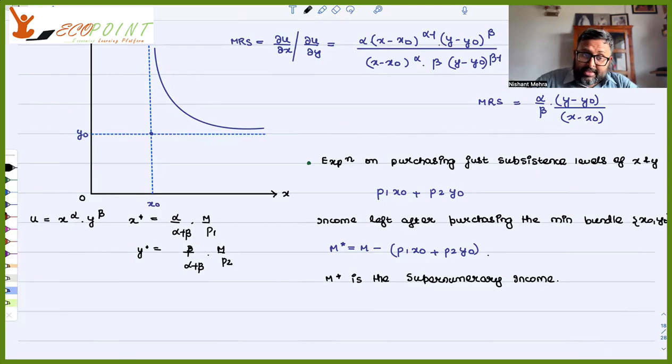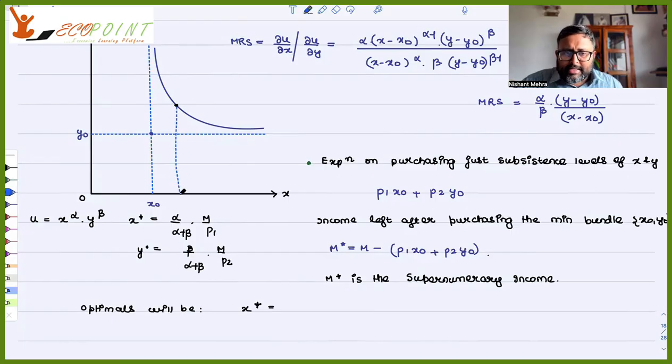Now, in the case of Stone Geary utility functions, the optimals will be what? X star would be, see, if I say that I consume this much, I consume here, then this means now that this includes this much of X naught. That is there now.